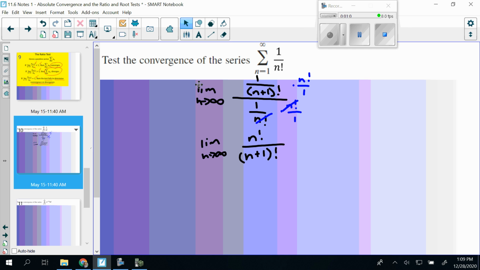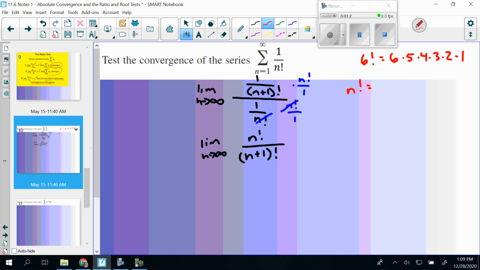Well, remember when you do a factorial, let's just say we have a 6 factorial here. That's equal to 6, because that's what we're taking the factorial of, times each thing 1 less all the way down to 1. So if we had n factorial, that would be equal to n times n minus 1, times n minus 2, times n minus 3, all the way down to 1.